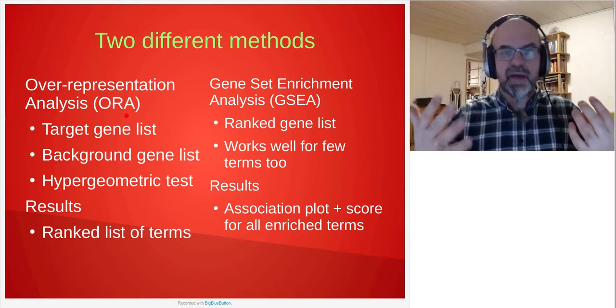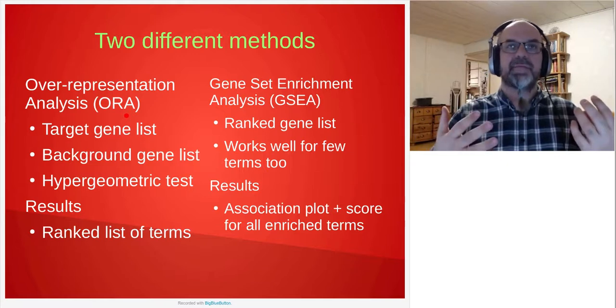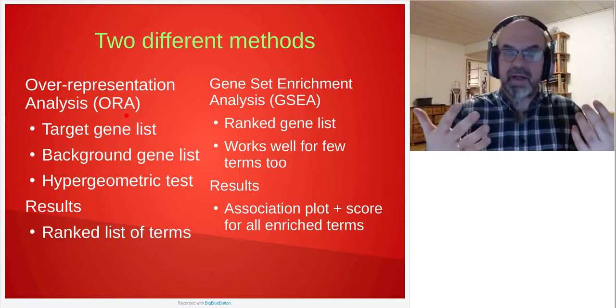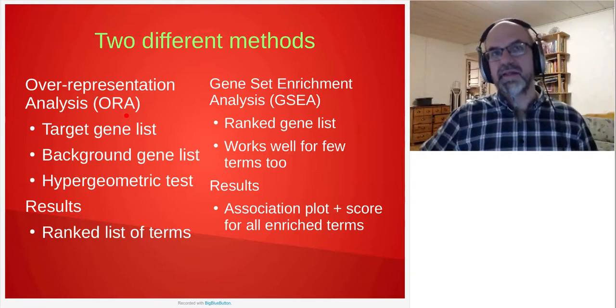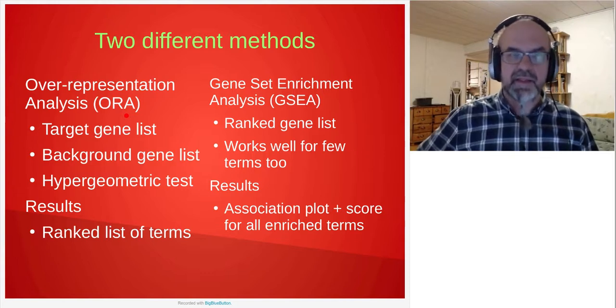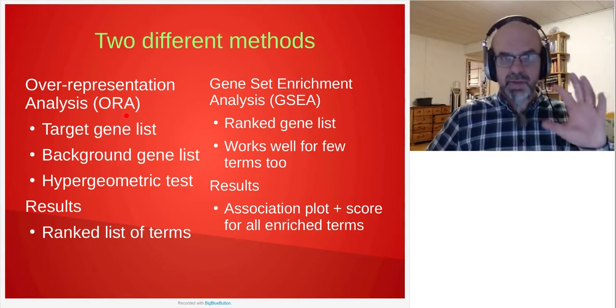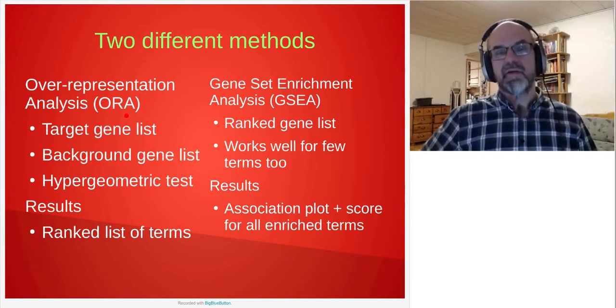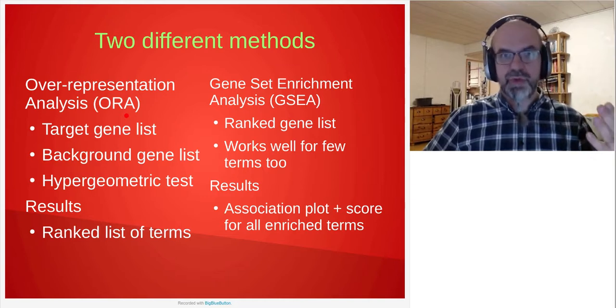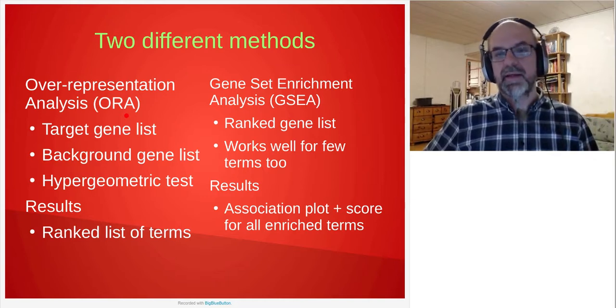Very often this background list is the entire genome, but not always. Sometimes it makes sense to identify a smaller set of genes as a background target. I will show you examples for that.